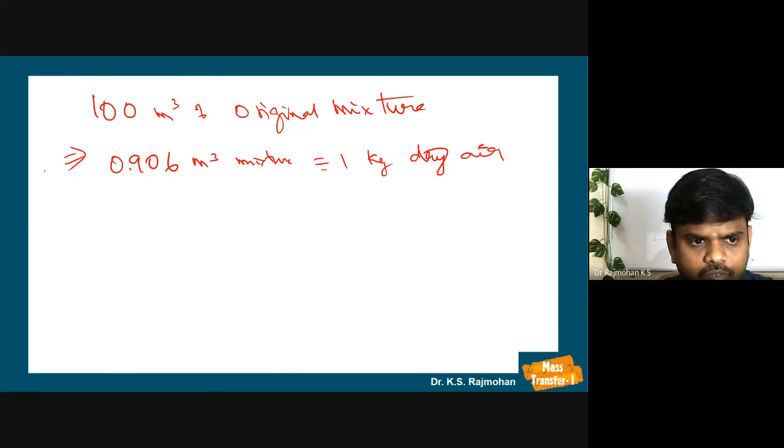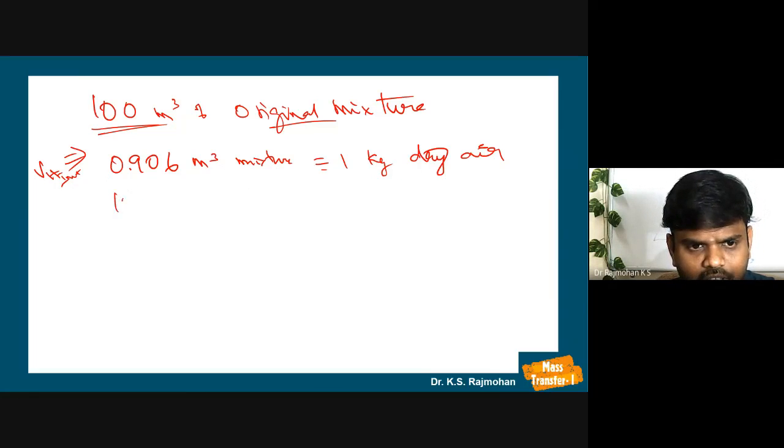So from VH data, initially we had 100 meter cube of original mixture, meaning initial mixture. How much is the volume per kg of dry air? This data we have. So this mixture, 0.906 meter cube of mixture, is available per 1 kg of dry air.